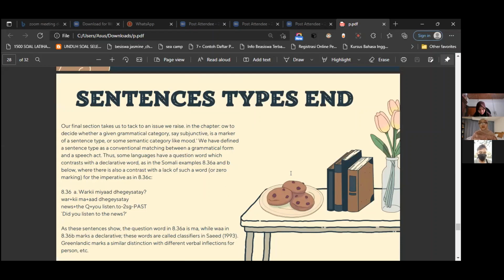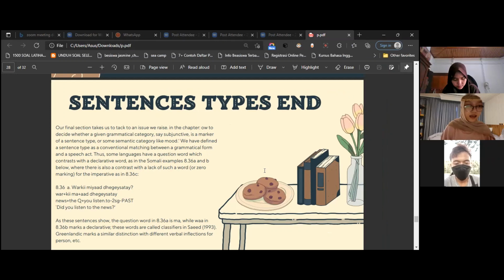Thus, some languages have a question word which contrasts with a declarative word, as in the Somali examples at 8.36A and B below, where there is also a contrast with a lack of such a word, or zero marking, for the imperative.